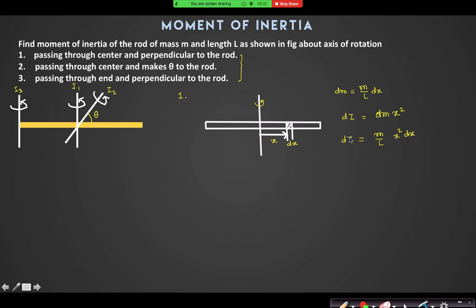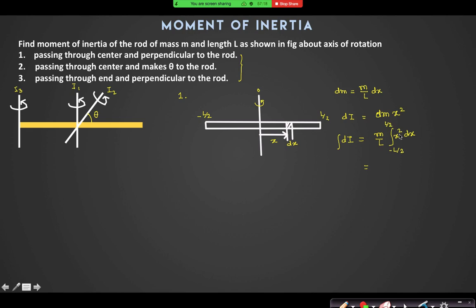And I will integrate this moment of inertia over x. What should be the limit of x? Minus L by 2 to L by 2. This is x equal to 0, this is x equal to L by 2, this is x equal to minus L by 2. So that is from minus L by 2 to plus L by 2.